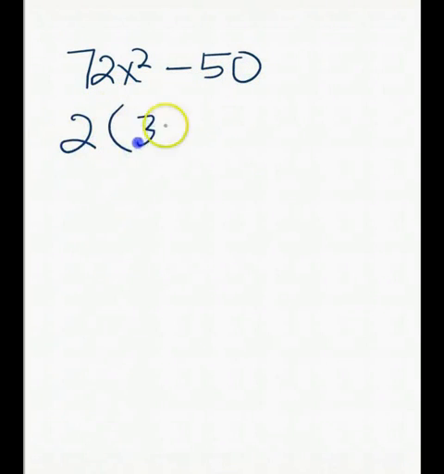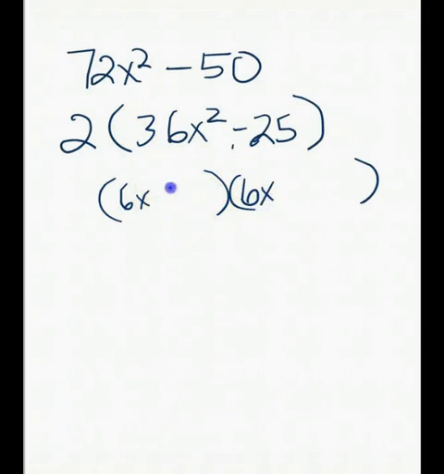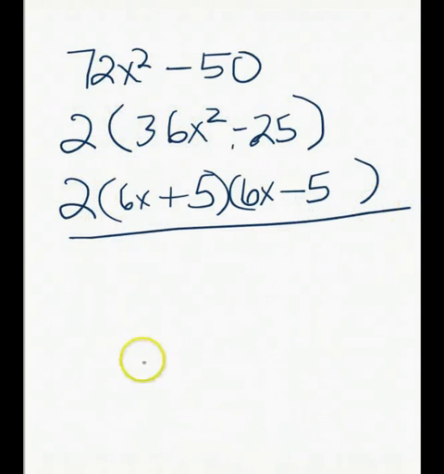And once I take out a 2, miracle of all miracles, I end up with 2 perfect squares. So I would then do this thing again. This would come out to be 6x and 6x, plus and a minus, and 5 times 5 gives us 25. And remember you took out a 2, so the 2 is along for the answer. And there you go, that's how that works.